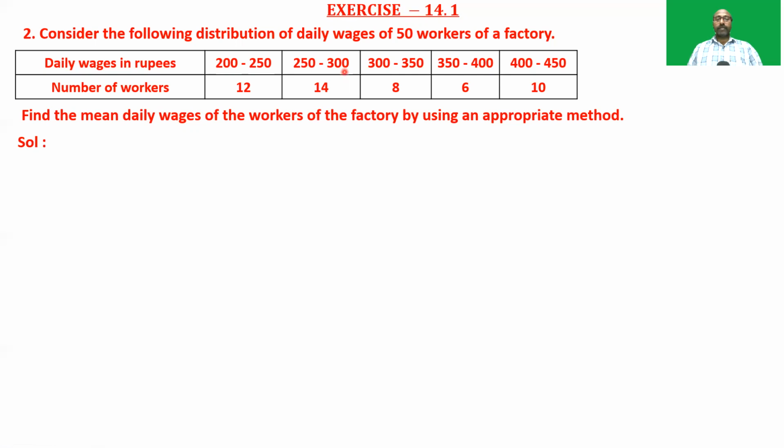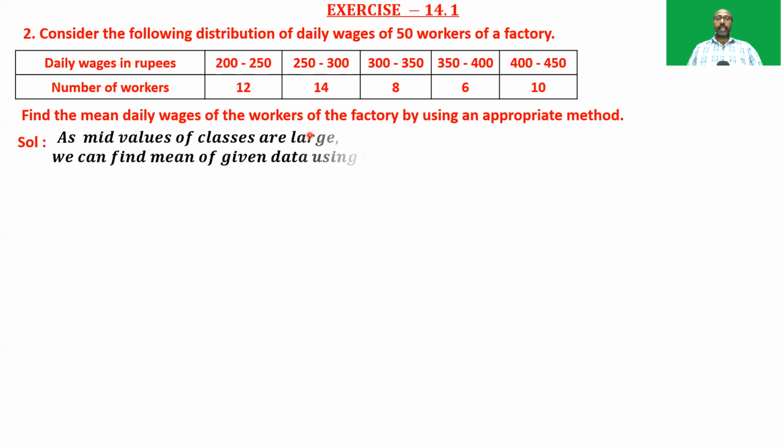So multiplying by 225 and 275 is risky. So we can choose either assumed mean method or step deviation method. As mid values of classes are large, that is class marks are large, we can find the mean of the given data using assumed mean method.